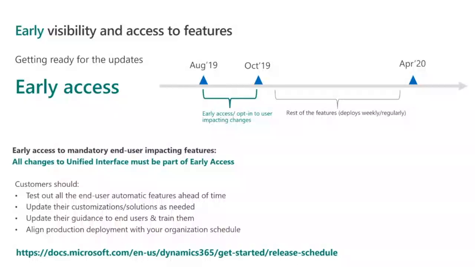All of the features in the early access are production ready, so you can use them in your production. For the rest of the features, they will continue to be released as part of the normal wave cycle.